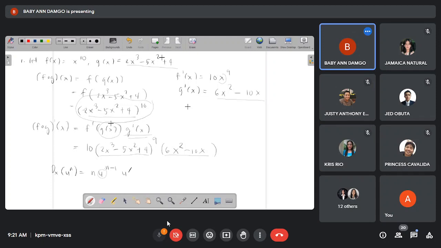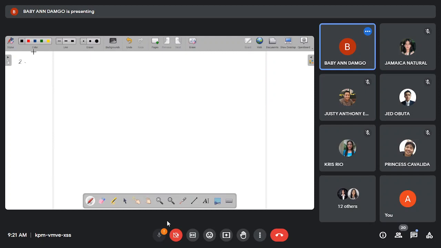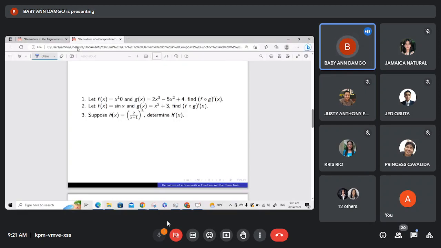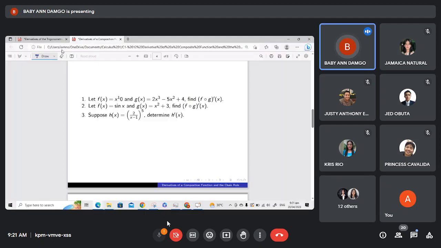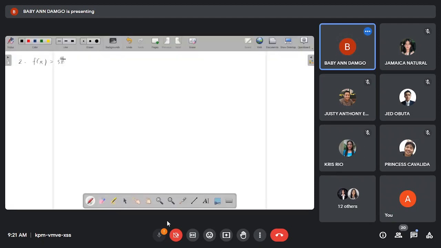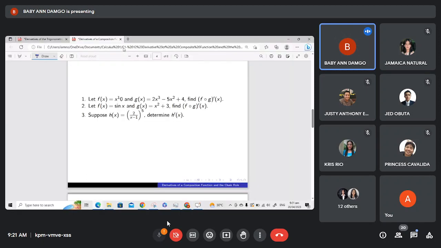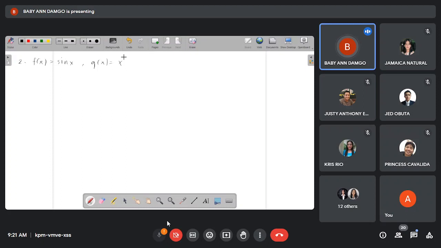Okay. Sige, another example for number 2. So if you have f of x is equal to sine x, and then your g of x is equal to x squared plus 3. Okay, so first we need to find f of g of x.